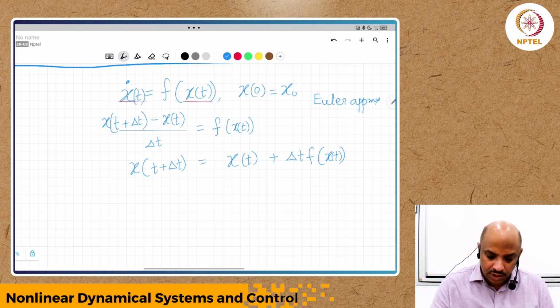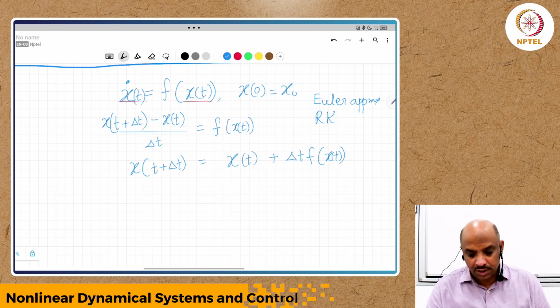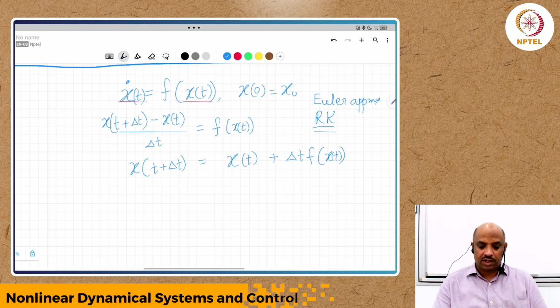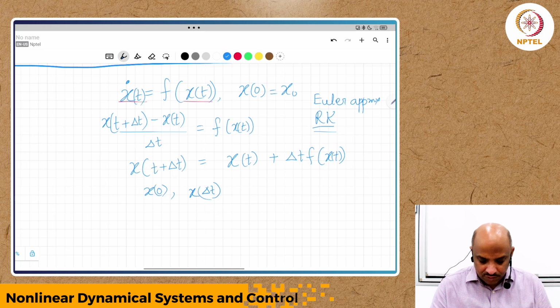Okay, and there are other methods where we approximate derivatives with higher order. There are techniques called Runge-Kutta techniques, and we can use those and then try to solve this particular problem. And we will end up with basically a bunch of numbers, starting from x of 0, where we have an initial condition, x of delta t, x of 2 delta t, and so on and so forth, right?